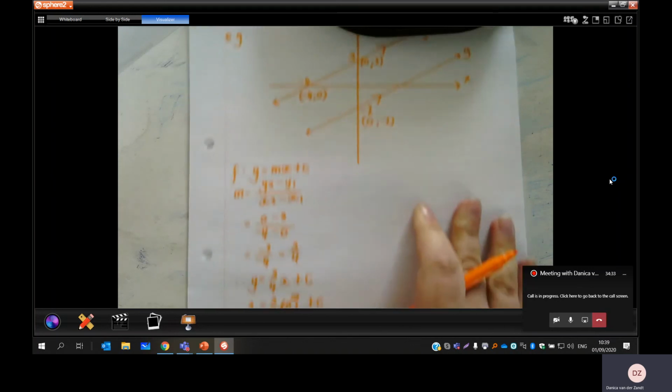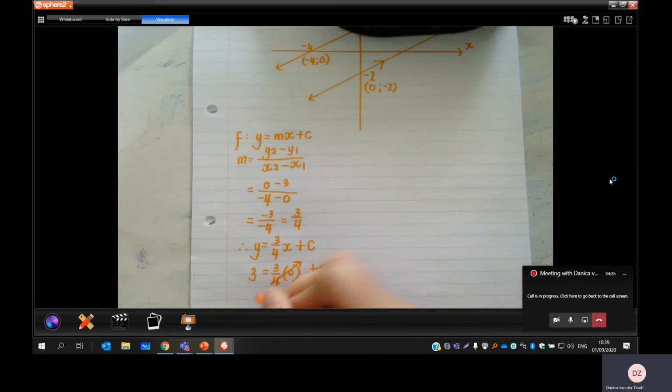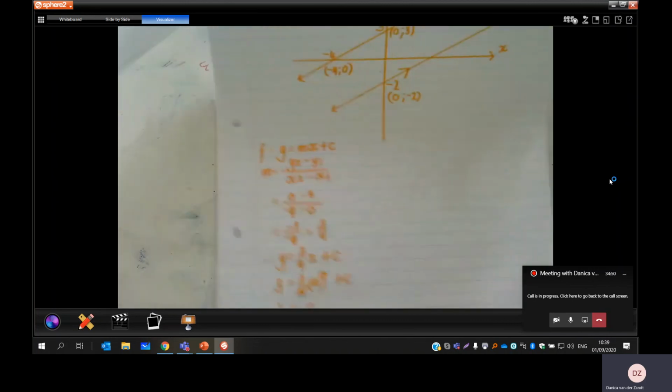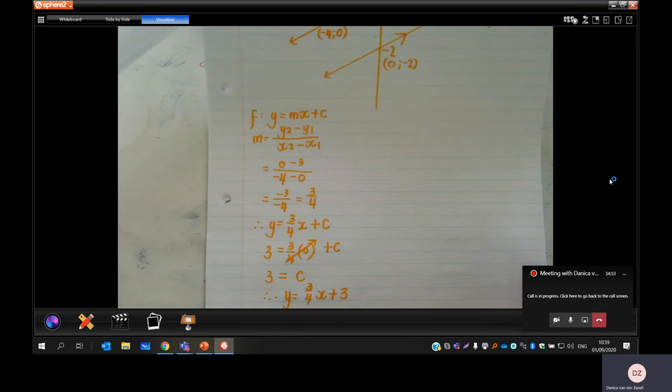So c is equal to 3. Therefore, y equals 3/4 for the gradient plus 3. So that would be my calculation to find f.